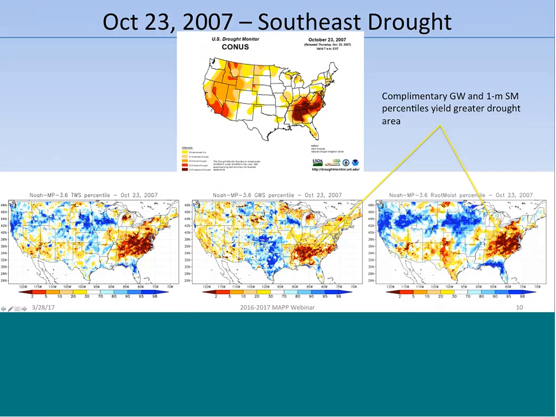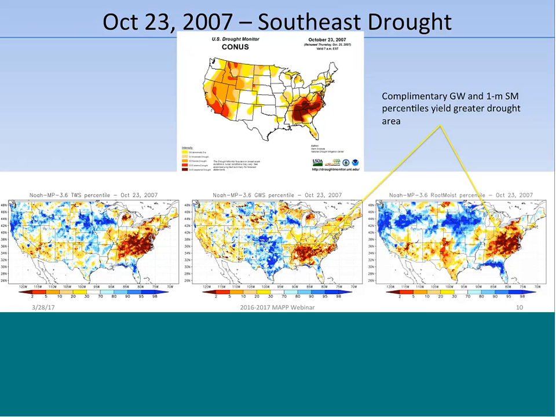But what you notice is, if you actually look further at the groundwater side, and this is NOAA MP, this is total water storage over here on the left, and these 2 arrows are pointing to areas where up here, the root zone has a big anomaly, sort of in the northern and eastern part of this domain, but in the southern part of the domain, it's the groundwater that's really controlling maybe some of this ongoing drought. And so it's really the combination of the 2 that gives you the strength for monitoring. So that's similar to the California case I just showed you.